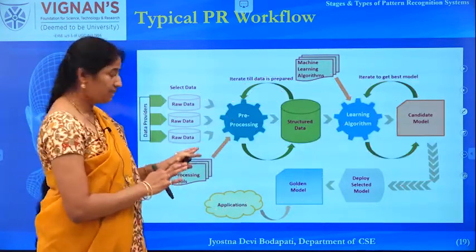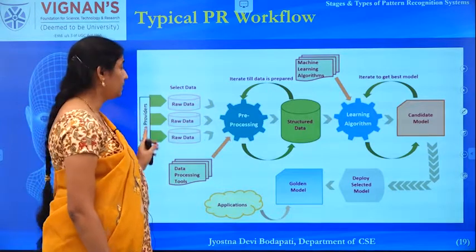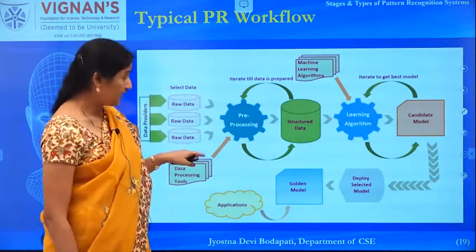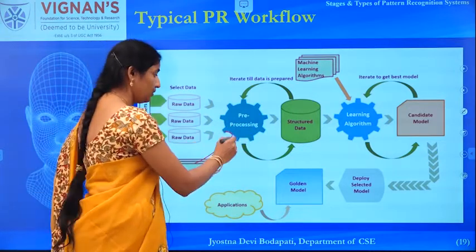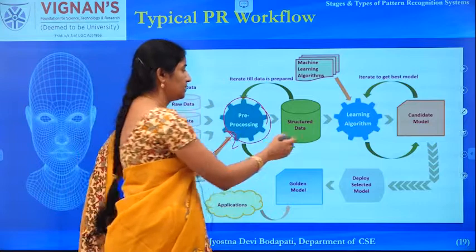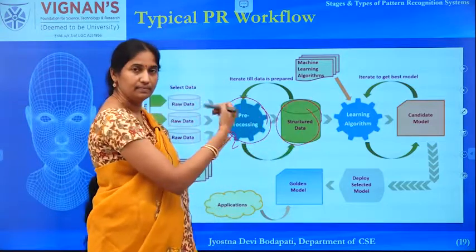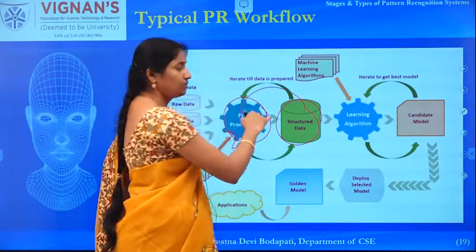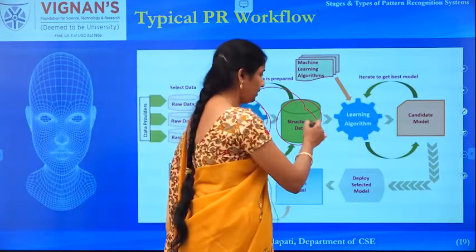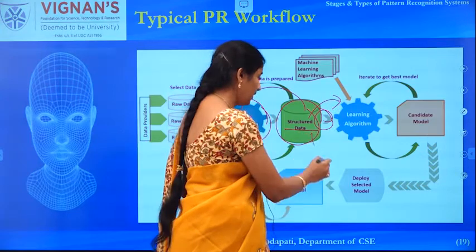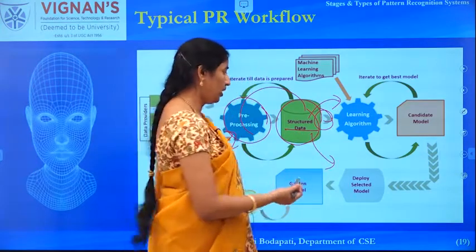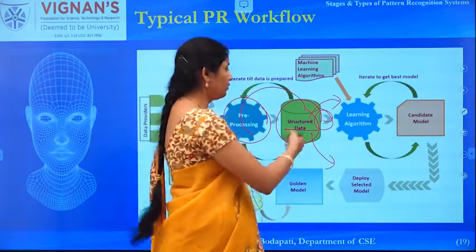Just to give a summary: you collect the data from the real world, which is called raw data, you select one of the pre-processing algorithms and apply it, and if you are happy with the data, you proceed, otherwise you go back and repeat the process. Once your data is ready, you take part of the data for training and other data for testing, though for a real-world application you need not do that.